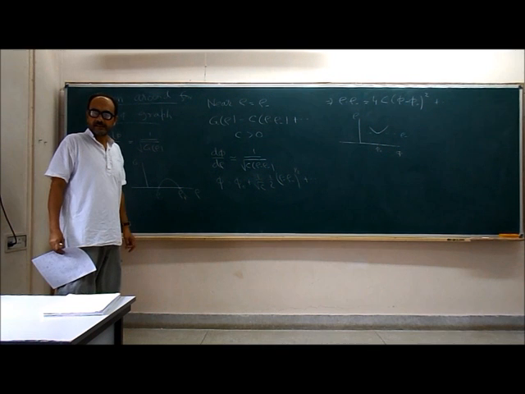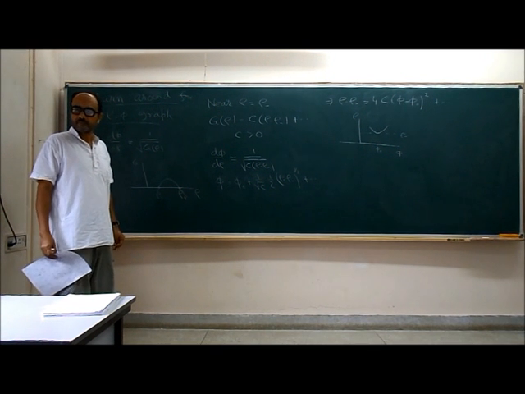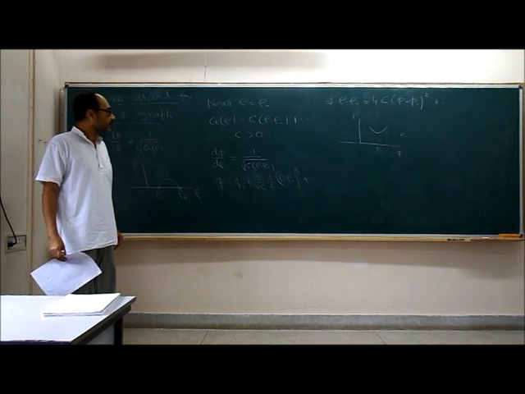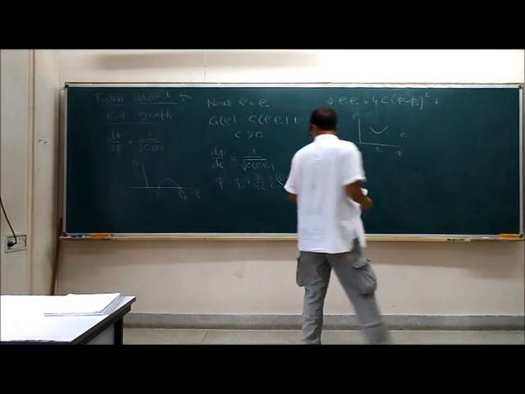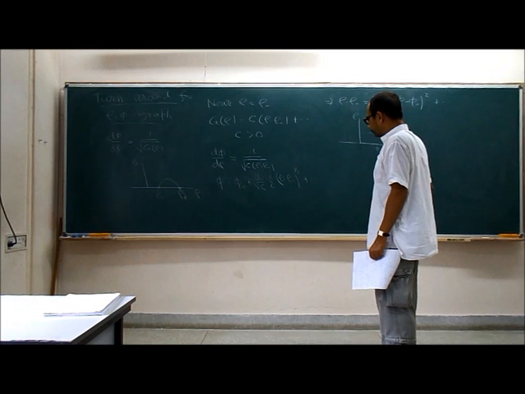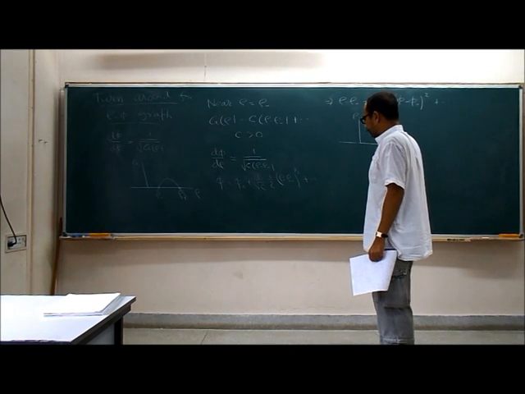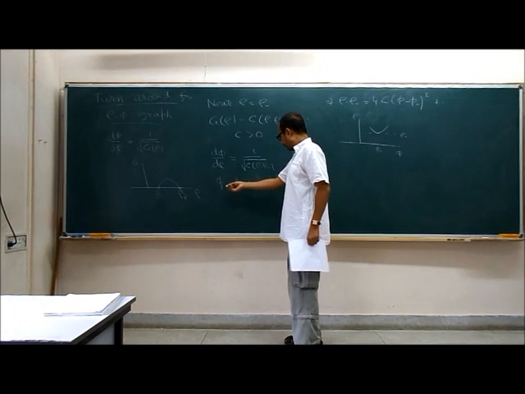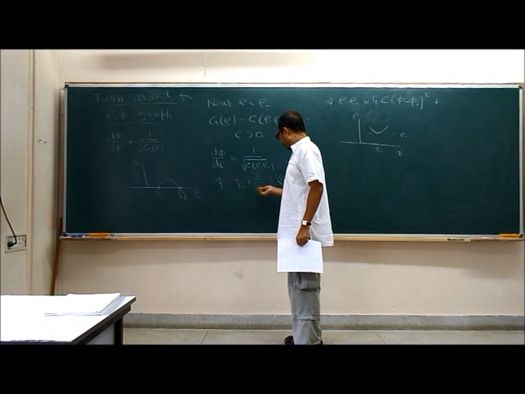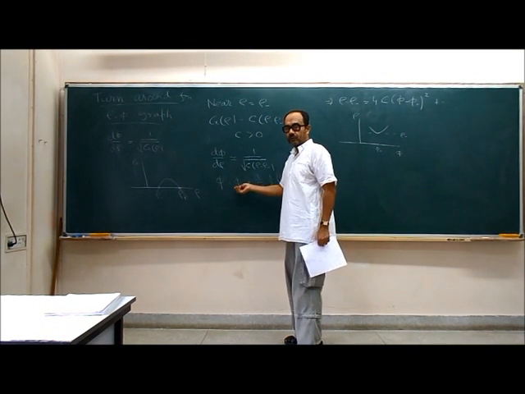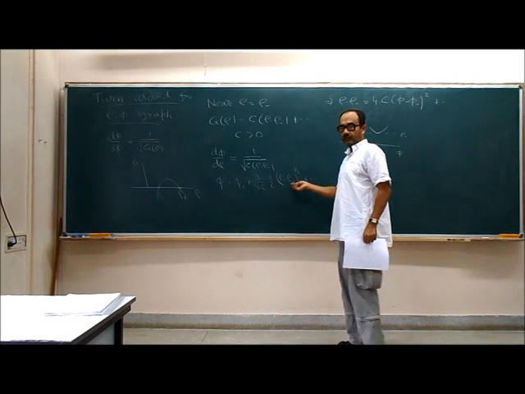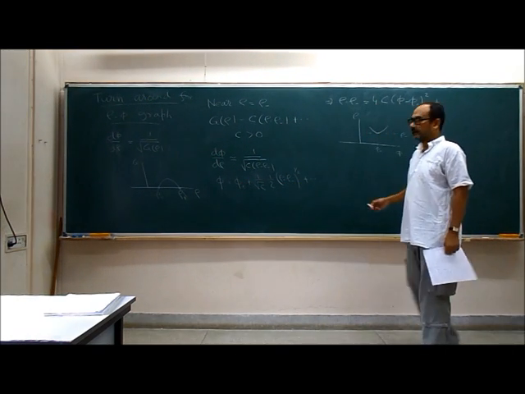Is this clear? Pardon? No, there will be something wrong. I took phi minus phi naught and then I squared this, right? So c times phi minus phi naught whole square is equal to rho minus rho minus. Pardon?